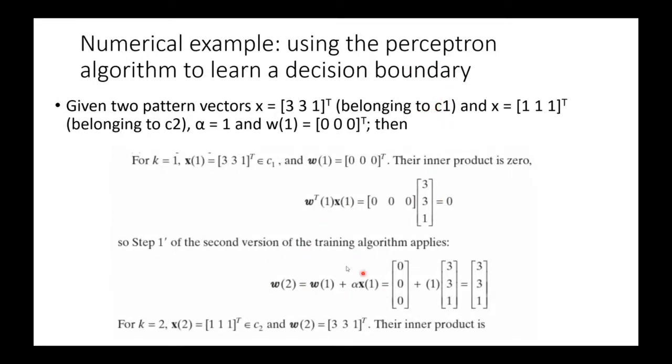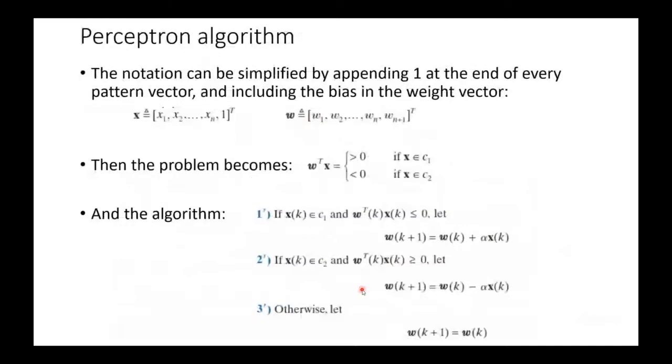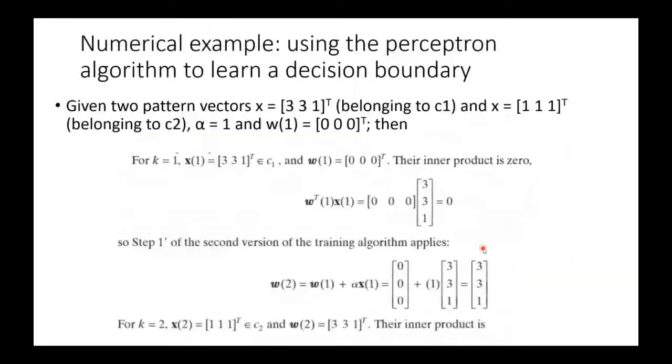So I should correct the weight values by applying these corrections here, just summing as we discussed before. In the simplest perceptron, what I'm summing here is just the example. I'm adding the example as a portion of the weight vector.